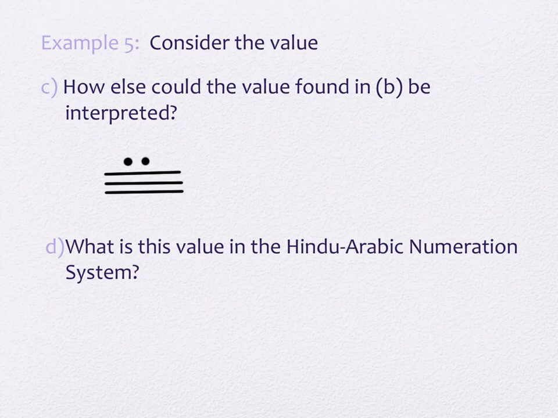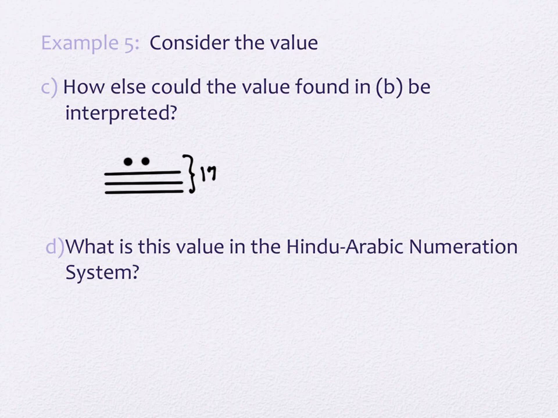We could actually say that each of those lines are 5, which they are. So what value do I have in terms of the lines? 15. And then I have my 2 dots, and the dots are each worth 1. So this would be 17. So one way to interpret this is the number 17 if I didn't have any spaces or know for sure that there was a space there. This could be interpreted as the number 17. And obviously that's a problem because that's not what it was supposed to be, right?